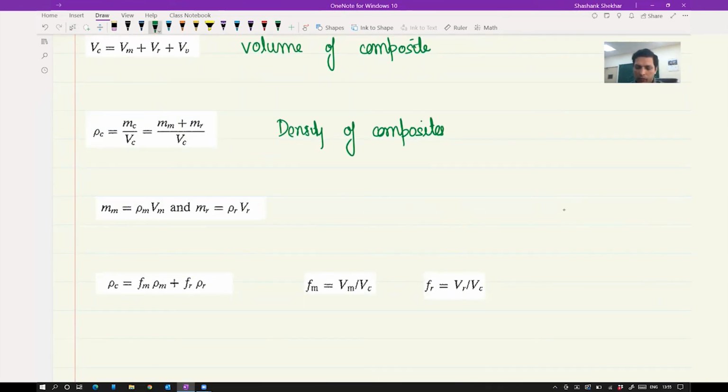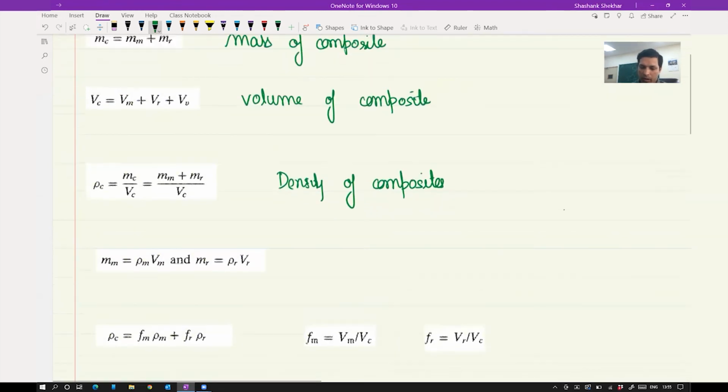And in terms of the density of the matrix and the density of the reinforcement, we can write the mass of the matrix and the mass of the reinforcement in this form: mm equals rho m vm and mr equals rho r vr.